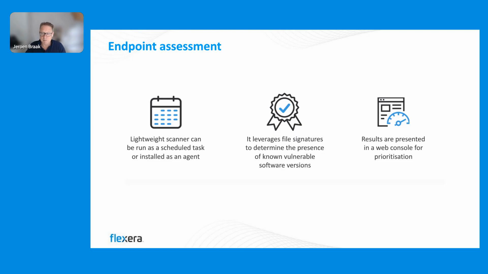It's very lightweight. It will take less than a minute or 2 minutes, depending on how deep you want to research. We scan only for executables, DLLs, OCX files, and the log4j jar files. All results are then reported back in a web console for further prioritization, but in the base, it will tell you secure, insecure, end of life. And not only the host name, but also the path to the insecure file is recorded, so that you can use that to optimize the remediation and patch process.